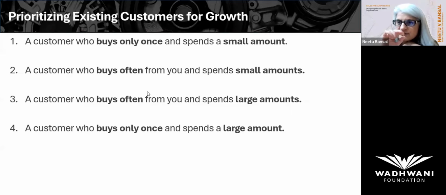The second bucket buys from you often, but only spends small amounts. So let's say they literally buy every month, but their billing comes to only 1 lakh, 1 lakh, 1 lakh every month.